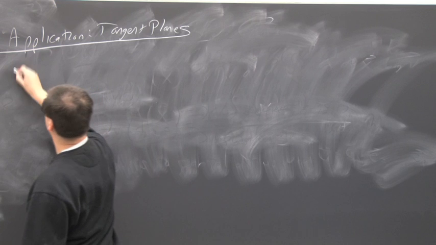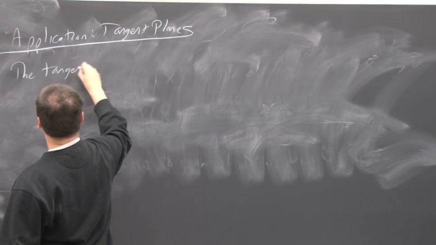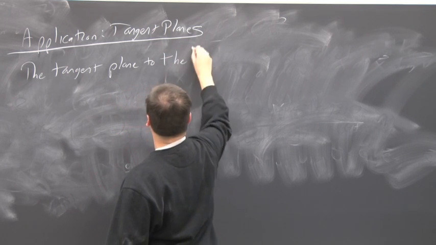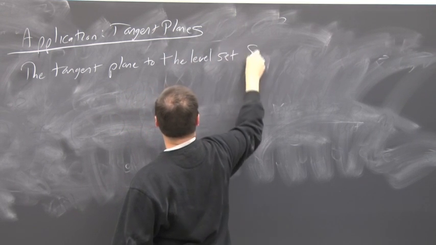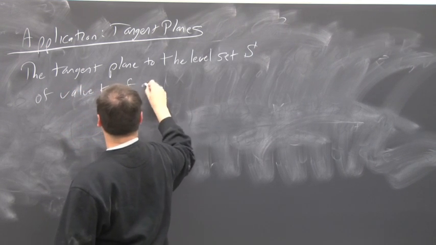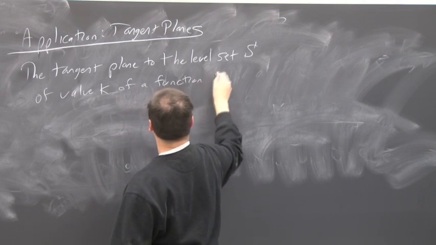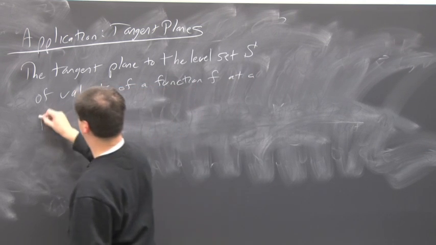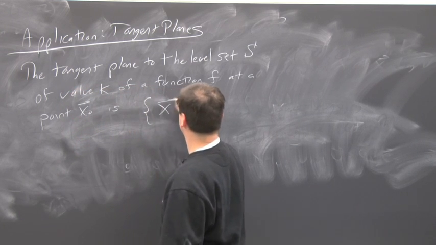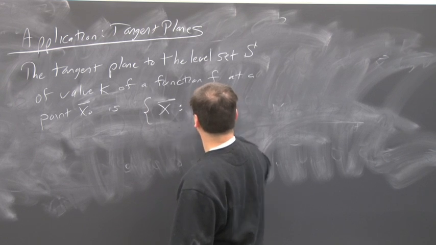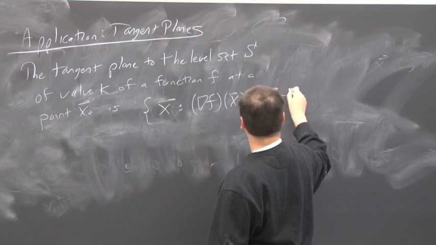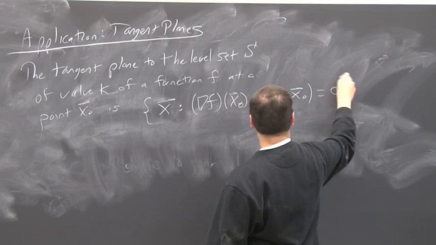And so what we have is the tangent plane to the level set S of value k of a function f at a point x naught is the set of all x such that the gradient of f at x naught dotted with x minus x naught is 0.